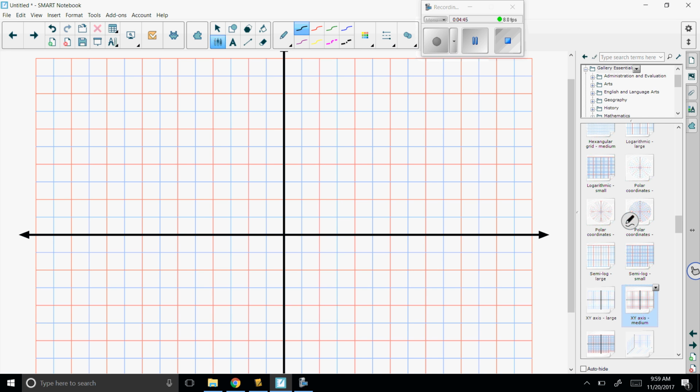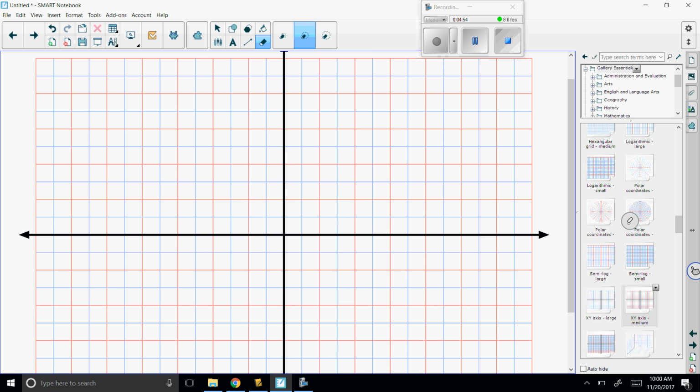Let me find a point. I don't want that. I want my line tool. There we go. I gave you that line, and I asked you to find the equation for that line.